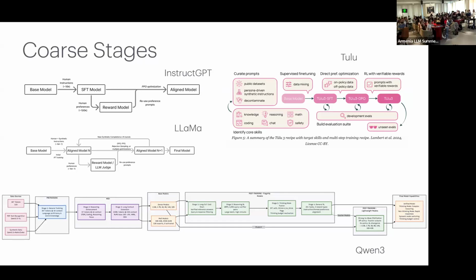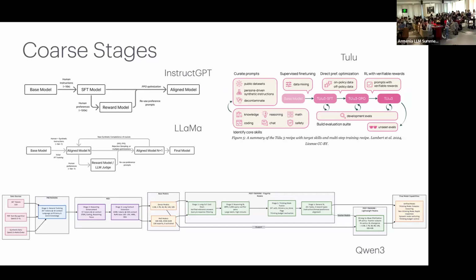Okay. So in general, if you read modern papers, the core stages get very, very granular. Probably the simplest one was the InstructGPT paper that came out around GPT-3. You do some preference optimization and you call it a day.